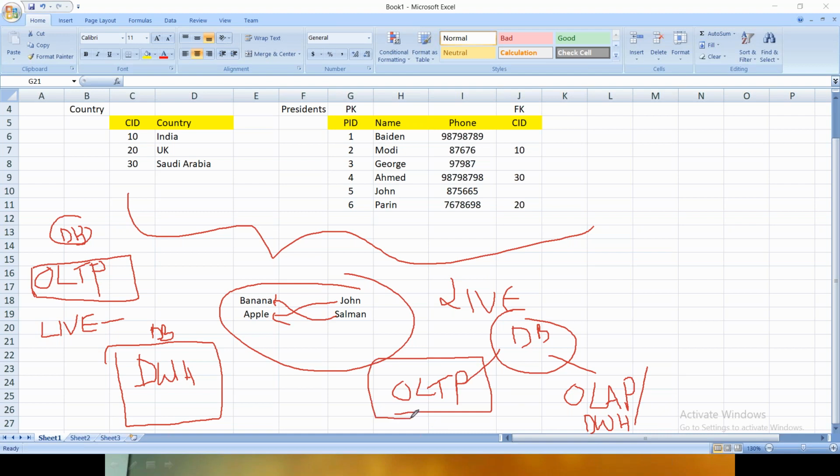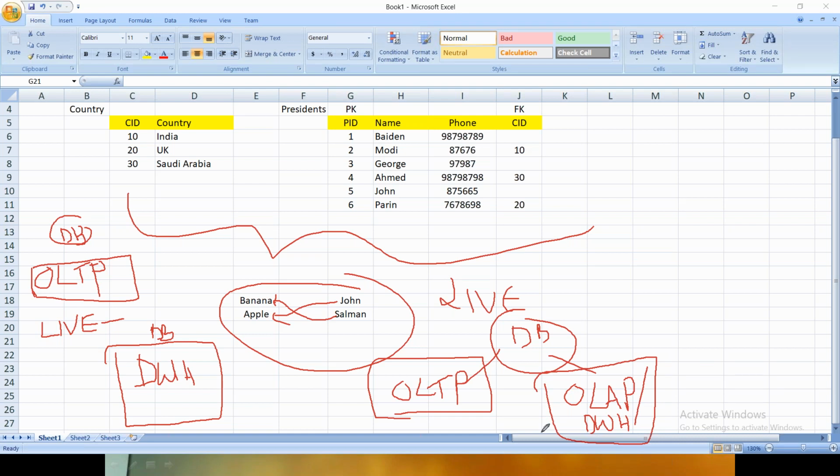Who's the president of India? Current president's data will be available in this database. Now, who was the president of India in 1960, in 1965, in 1977, in 1978? If you go for historical data, it is available in the OLAP databases. Clear? So you have OLTP, you have OLAP databases.